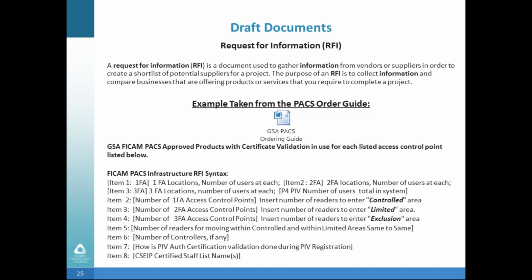So this is really what can be used for either an RFI or an RFQ at the buying side in order for them to provide this information to the contractors so they get responses back in a manner that's going to make it easier for them to be able to evaluate the responses that they receive. Next slide, please.